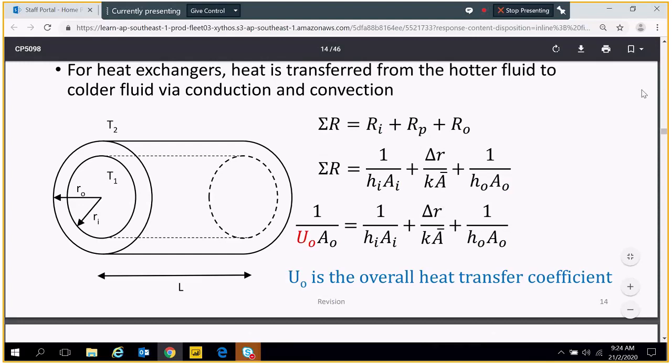That's a definition for A bar. You can find that in your notes. And the h_o is for the outer surface. So the U_o is the overall heat transfer coefficient. This second term is for conduction through the pipe wall. The third term is from the outer surface to the environment or to the surrounding. That's the third term.